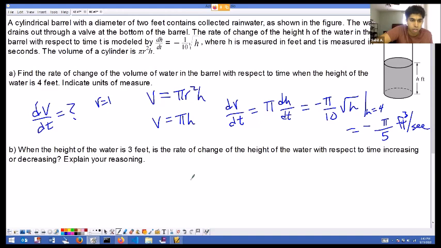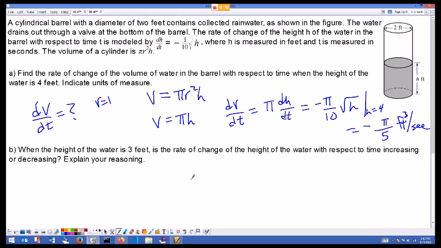Okay, all right. If you do it the other way, I assume you had pi r squared dh dt plus 2 pi r h dr dt? Yes. I don't know what you put in for your dr dt, but you should have put in 0 for your dr dt if you had one there, because the radius isn't changing. So if you do it that way, that's fine.